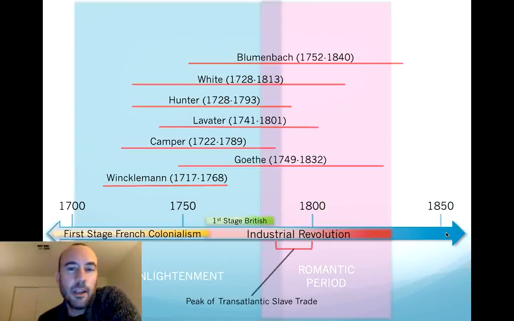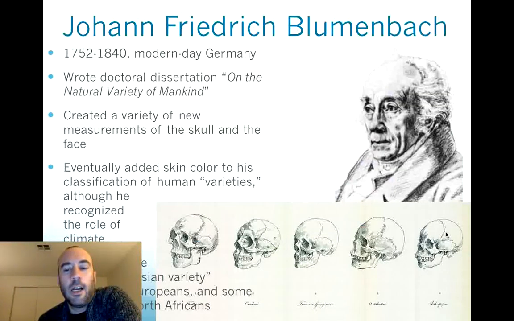This guy is an important character to remember, Johann Blumenbach, who was living in both the sort of Enlightenment period and the Romantic period. He also created several different measurements of the skull, some of which we use today for a variety of things.